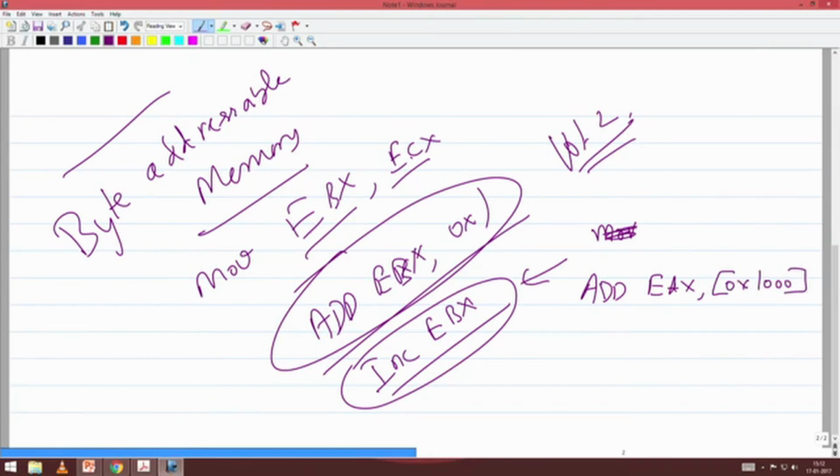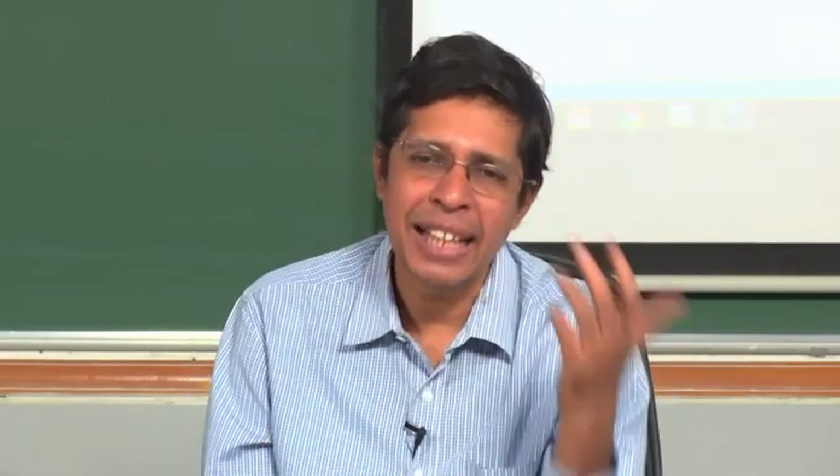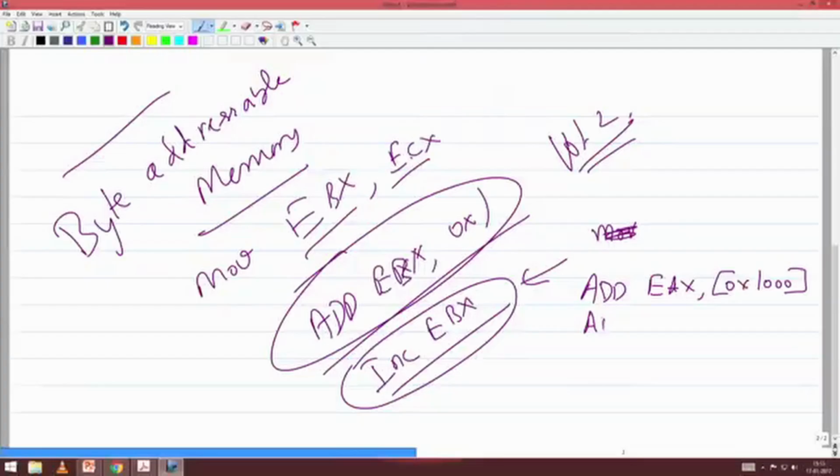It will take the 32 bits stored at these 4 locations, 1000, 1001, 1002, 1003, add it with the content of EAX and store it back in EAX. Now if I say add AX comma 0x1000, it will take the 16 bits that are stored in 1000, 1001 and add it with AX and store the result in AX.